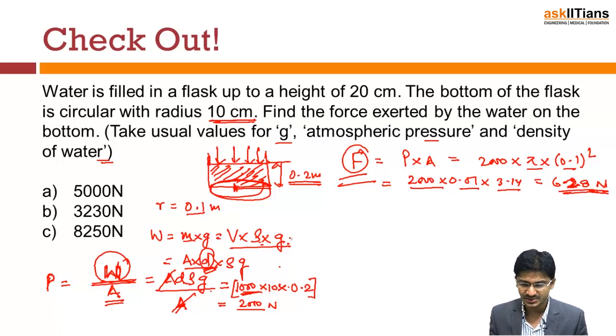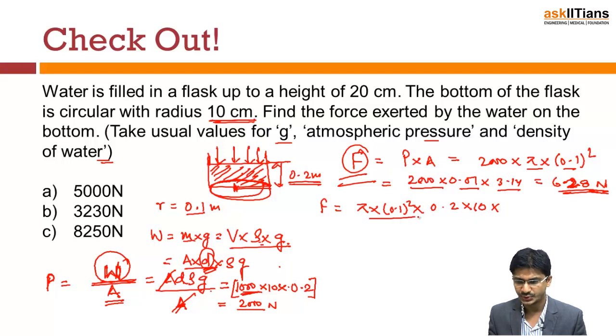So what we get is the force must be equal to area, which is pi into r square, into the depth 0.2, into the g value, A into D into g into rho. Rho was 10 to the power 3.